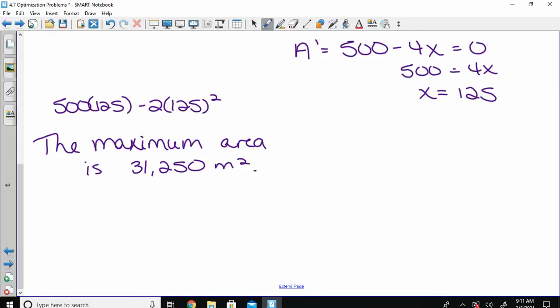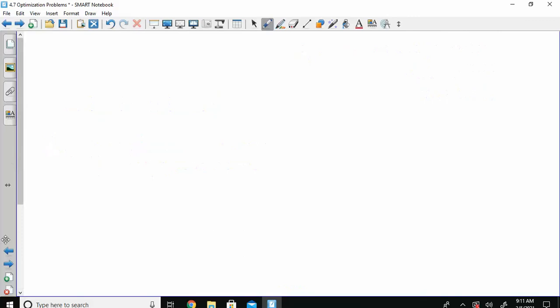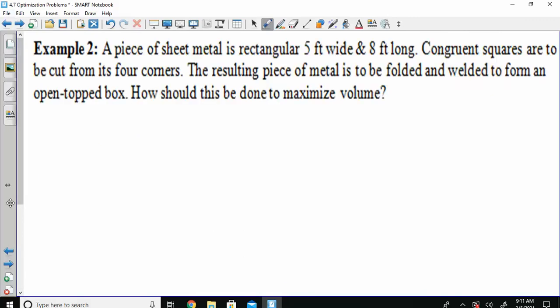College algebra? You know, you had a sheet of metal and you cut out the corners to make a box, and then I would ask you something about the volume of the box. We're gonna do one of those. So a piece of sheet metal is rectangular, 5 feet wide and 8 feet long.